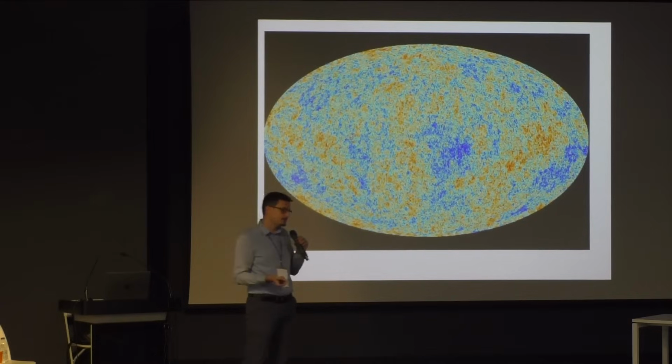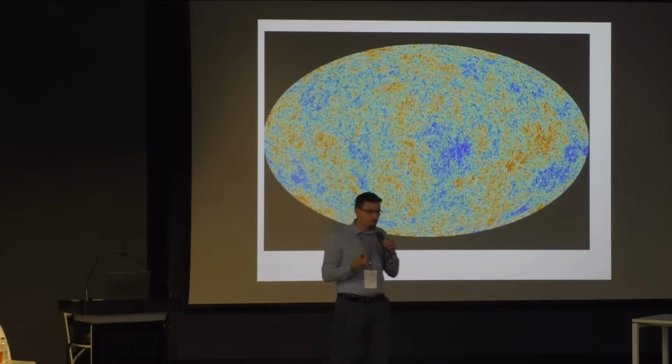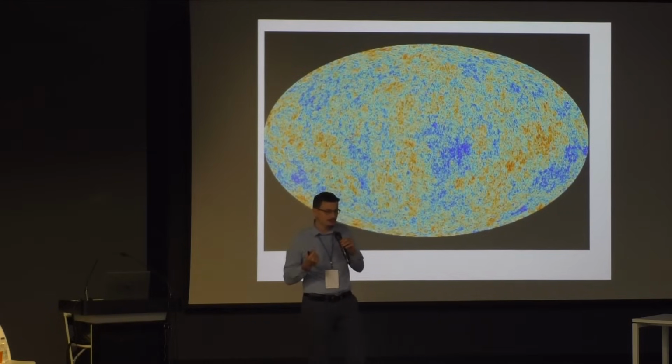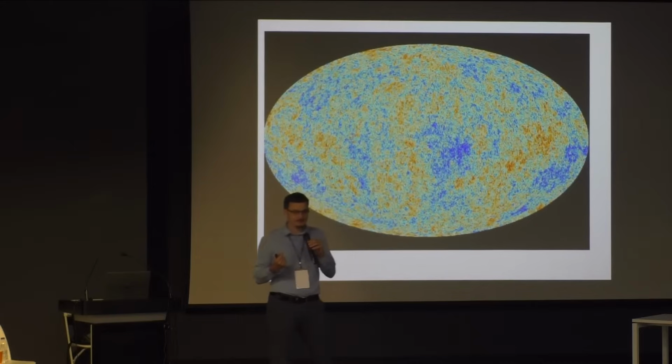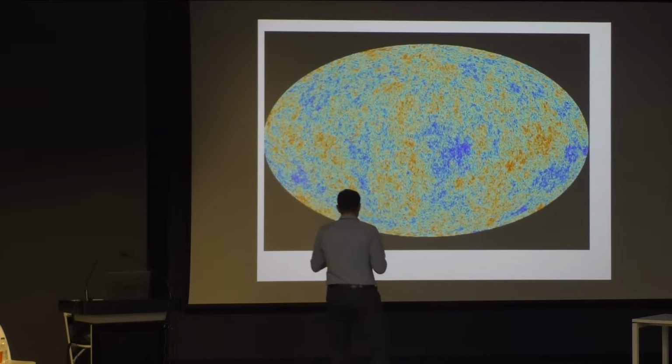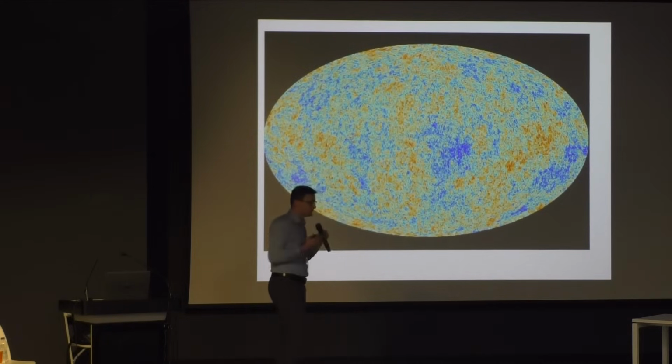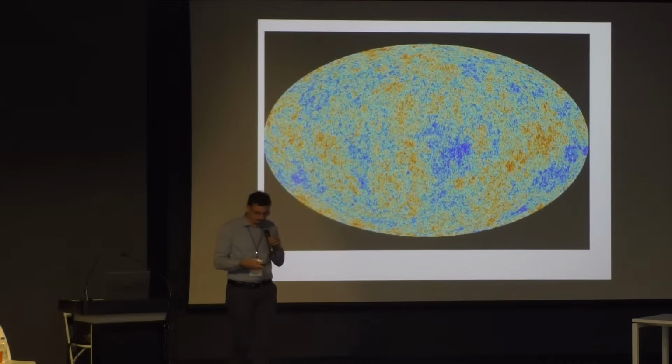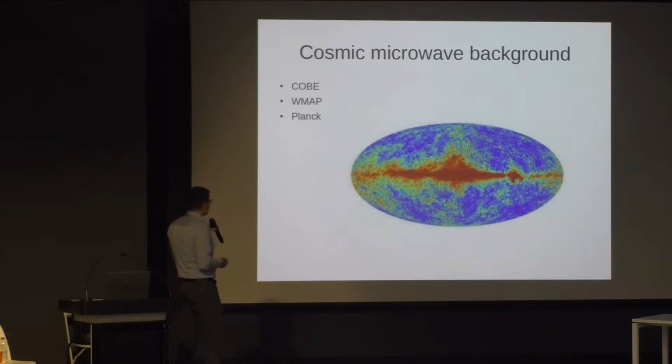And when someone asks you what the temperature of the universe is, you will say 2.73 kelvins. So it's a pretty low temperature. Those photons are all around us, so they're the first photons in the universe. And we have several missions who measured this temperature.